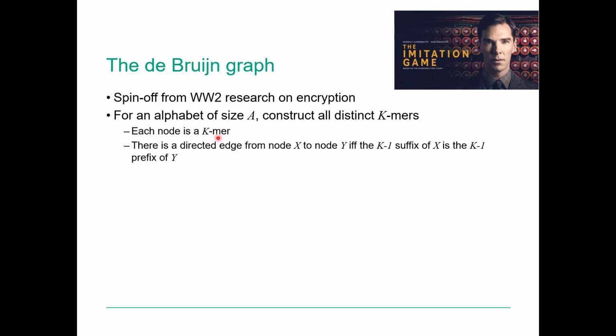Each node is then a k-mer in the graph, and there is an edge between the nodes if the k-1 suffix and the k-1 prefix of the other node is the same. So here we require absolute identical overlap. There are no mismatches tolerated in this setting.